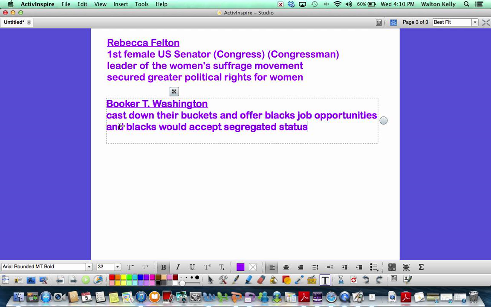So in other words, if white people gave blacks some jobs that would allow them to make money, they would accept their segregated status.